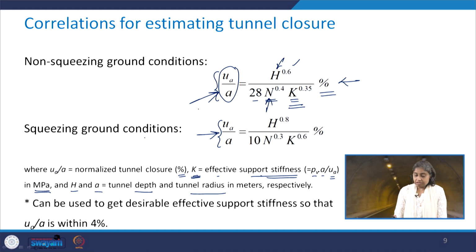So although with this expression, if we know the support system stiffness, we can find out the tunnel closure, it is used the other way around in a better manner: if we have the permissible value of UA upon A, then we can find out what will be the required effective support stiffness.